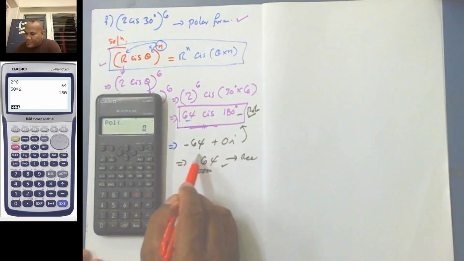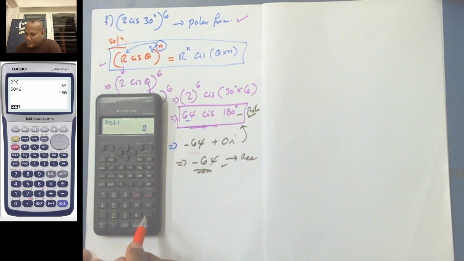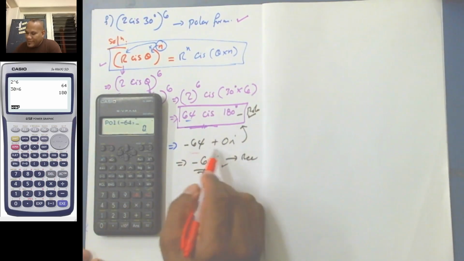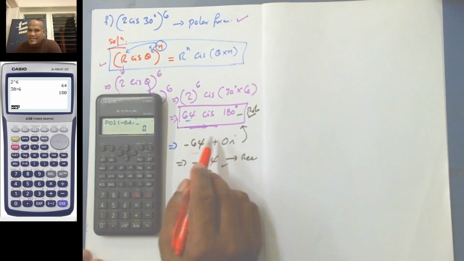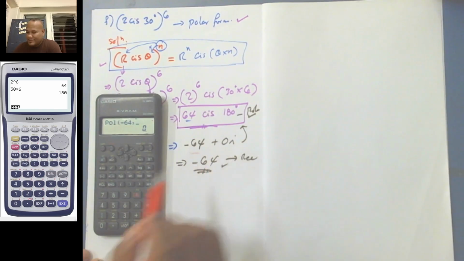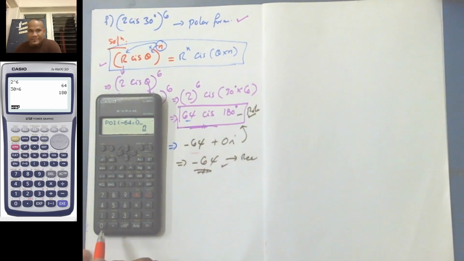Whatever value comes first here is minus 64, so this is minus 64, comma, and whatever value is here, if it's positive or negative, you press it, or in our case it's 0, so we press 0, close the bracket, equals.